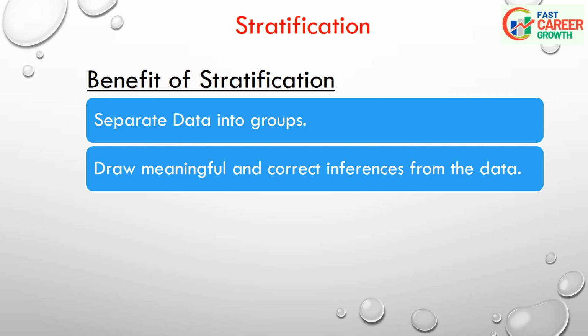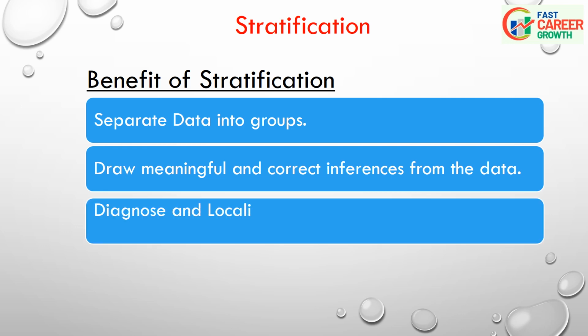These inferences can be related to, for example, which product categories are performing well, which regions are showing growth, or which customer segments are most profitable. This information is valuable for making informed decisions and setting strategic goals.